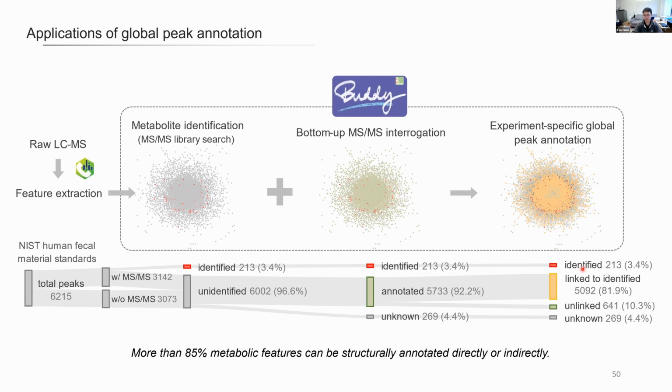Our work offers an alternative solution to the existing molecular networking analysis to help address this dark matter. We find that nearly 85% of features can be structurally annotated directly or indirectly. Directly means those are identified, and indirectly means those are linked to the identified metabolites.